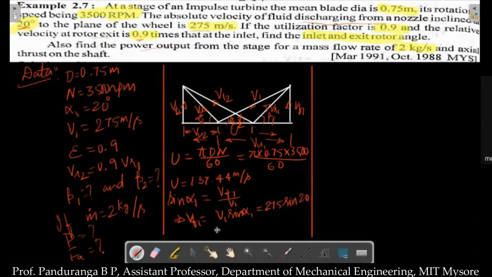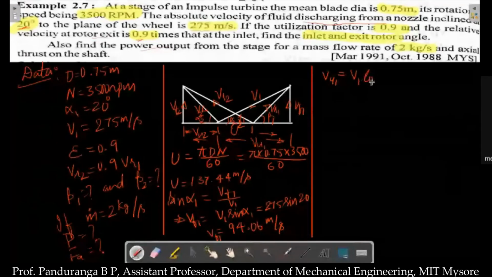So we'll get Vf1 as 94.06 meter per second. Now I need to calculate Vu1. So Vu1, I'll directly write it as V1 cos alpha 1.